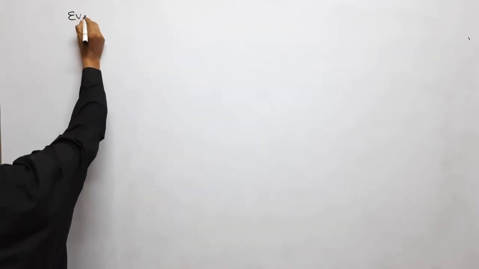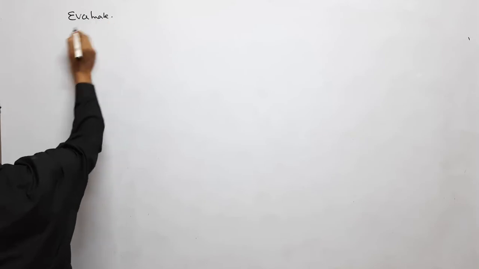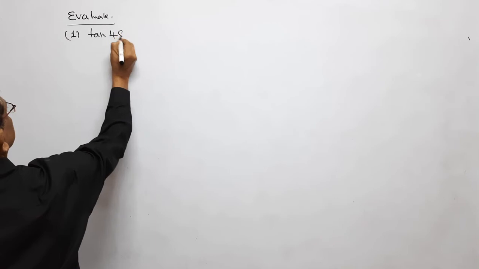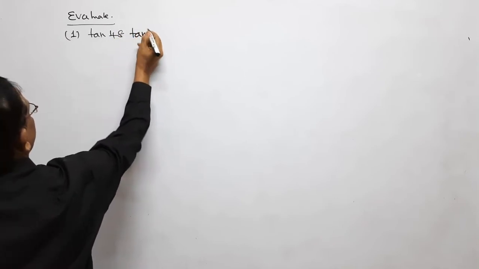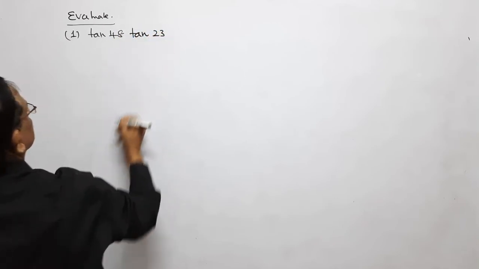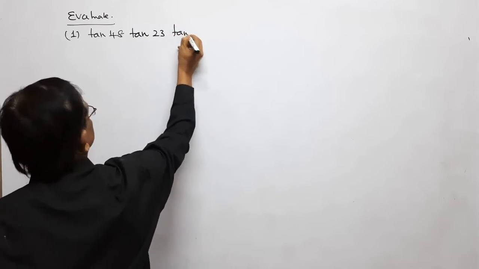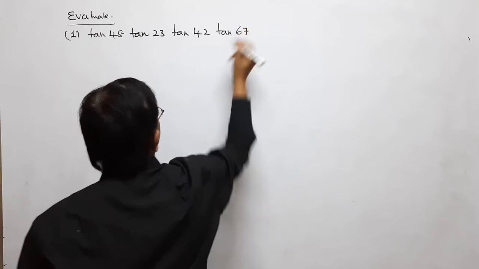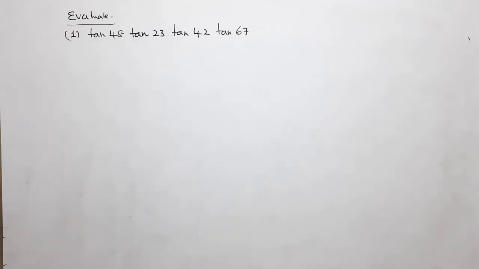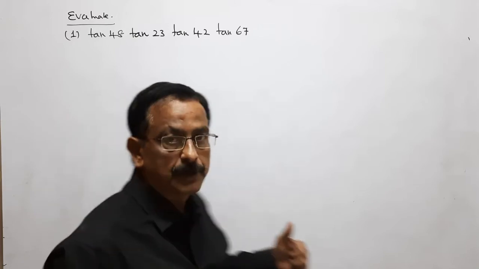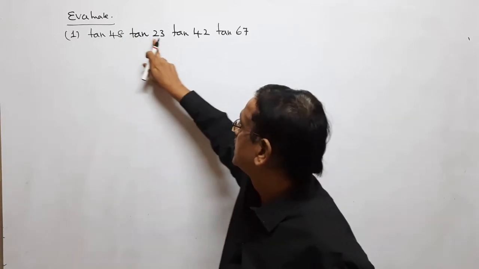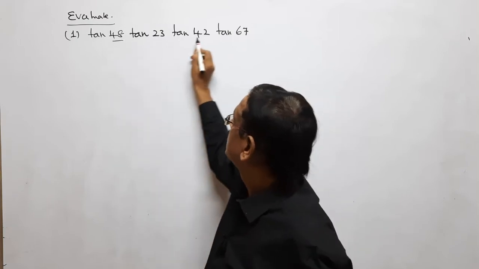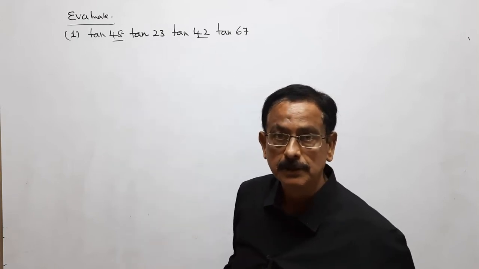So evaluate: tan 48 into tan 23 into tan 42 into tan 67. You have to observe very carefully. 48 and 42 are complementary angles.